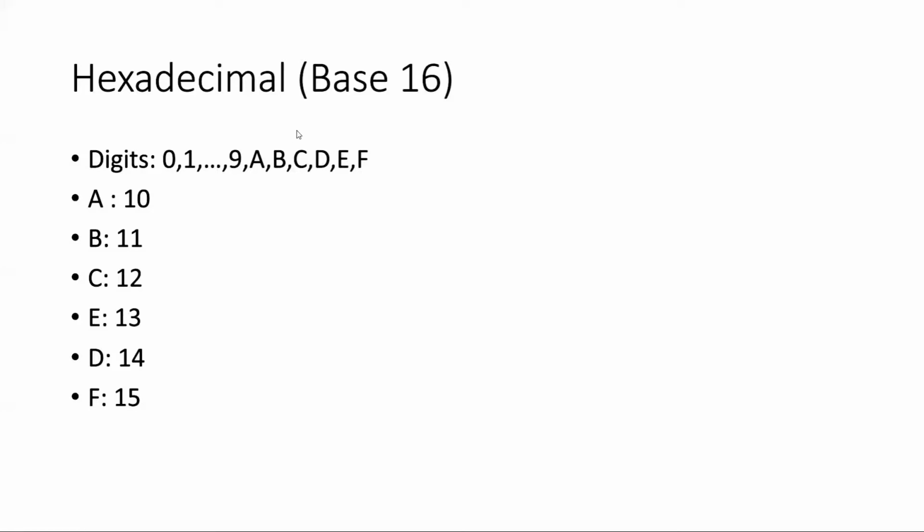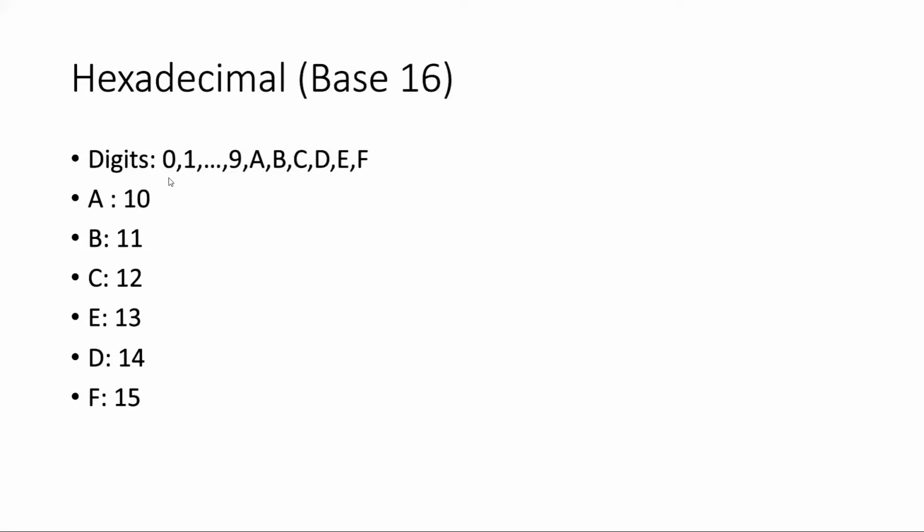Hexadecimal, or hex for short, is actually base 16. So what are the digits that we use in this system? In the decimal system, which was base 10, we had the digits 0 to 9 because we just needed to distinguish 10 different values. But here we are using base 16, so we want to have 16 different cases.